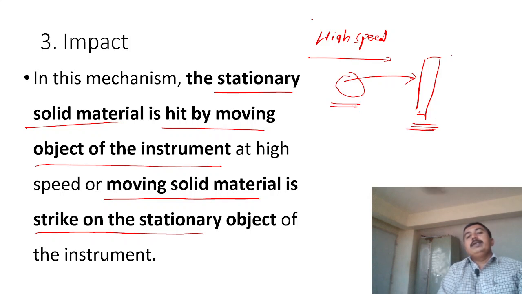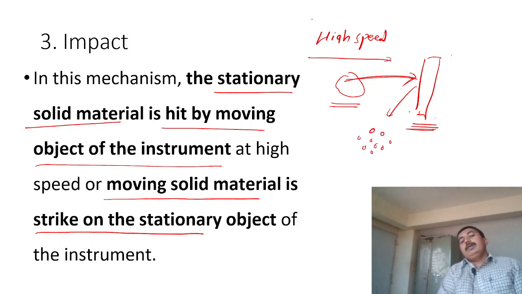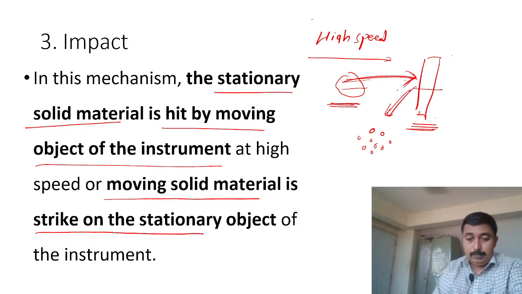The particle strikes the stationary object and breaks down into fine particles like this. Due to the collision between the powder and the object of the mill, the breakdown of the powder particle takes place.